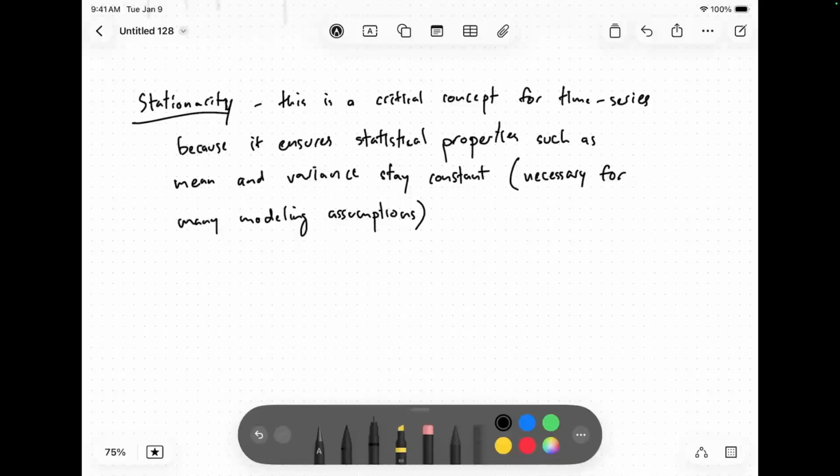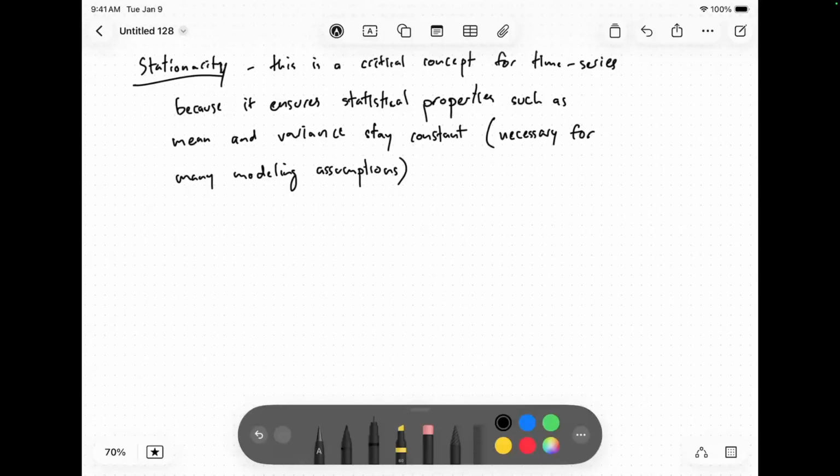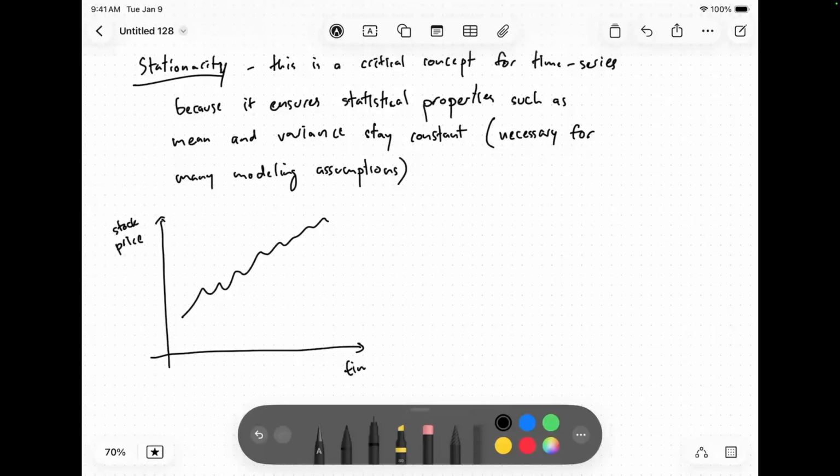So consider something like this. Maybe this is like stock price versus time. You could have this upwards trend.